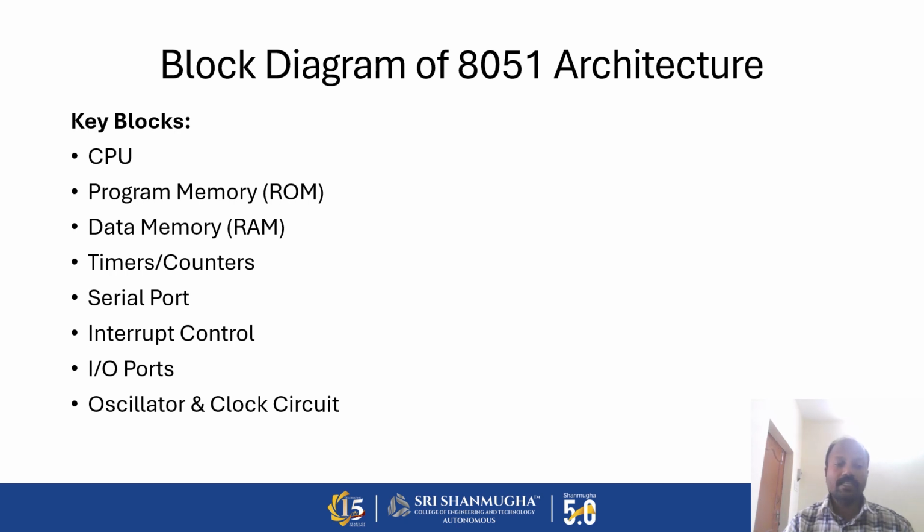Then we have a serial port for serial communication using the transmitter and receiver pins, and interrupt control, through which the different interrupts are controlled. I/O ports let us communicate with different peripherals. And then we have the oscillator and clock circuit, where the oscillation frequency of the 8051 is 11.0592 megahertz.